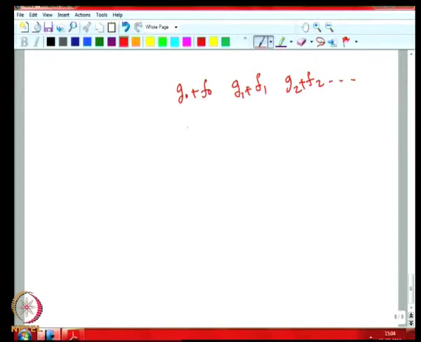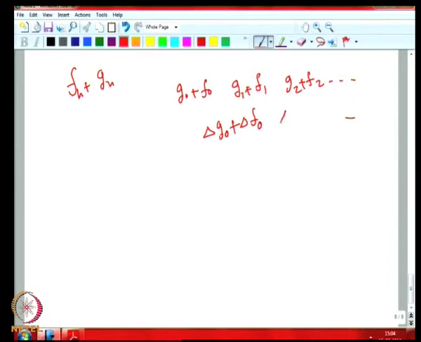Now, consider the first row of the new difference table for Fn plus Gn. So we have to subtract: this is G1 minus G0 plus F1 minus F0, where G1 minus G0 is delta G0 and F1 minus F0 is delta F0. So this is delta G0 plus delta F0.